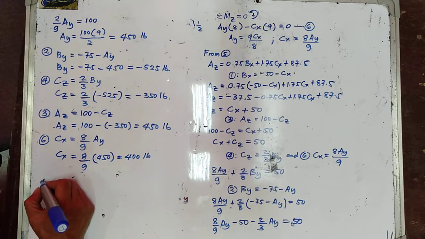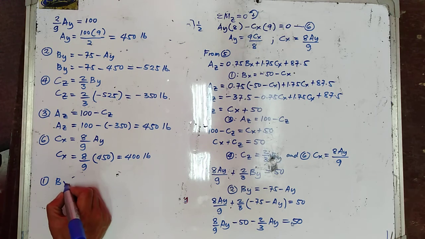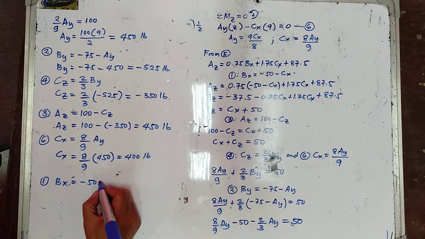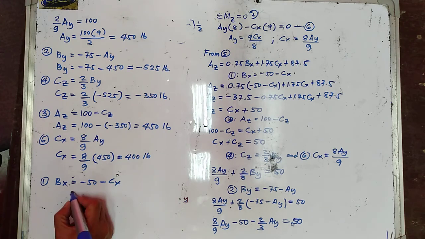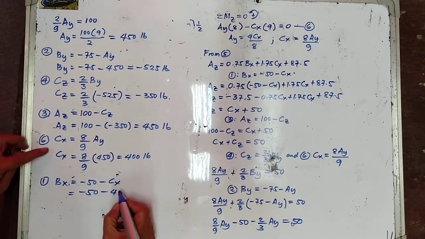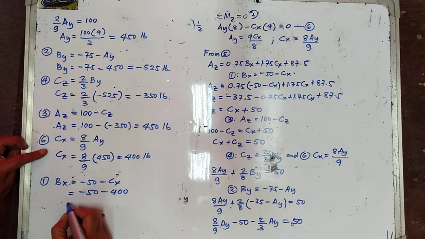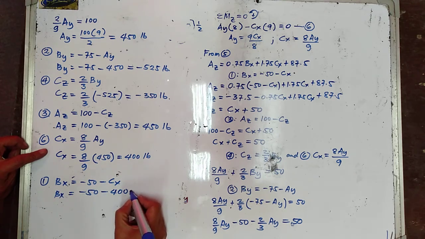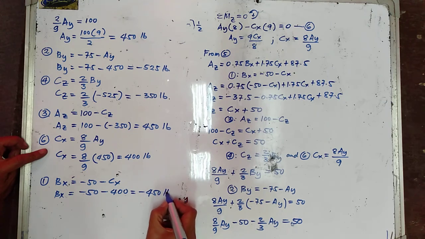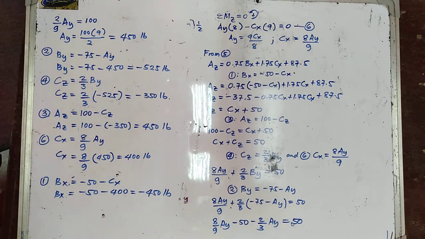And from equation 1, BX is equal to negative 50 minus CX. So that is minus 50 minus 400. So your BX is equal to negative 450 pounds.